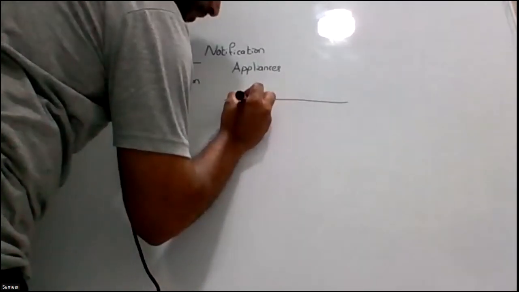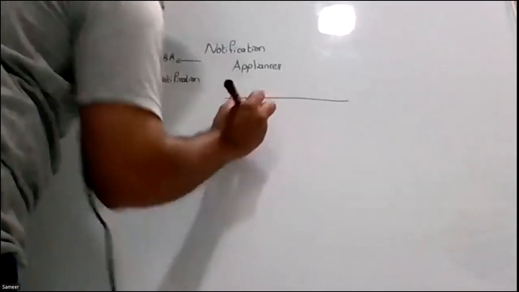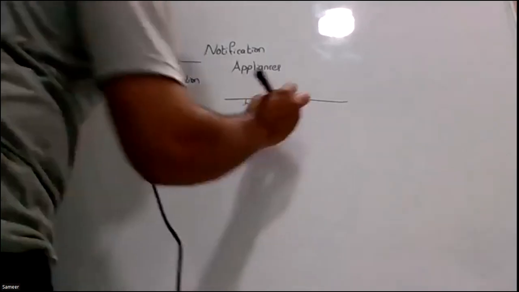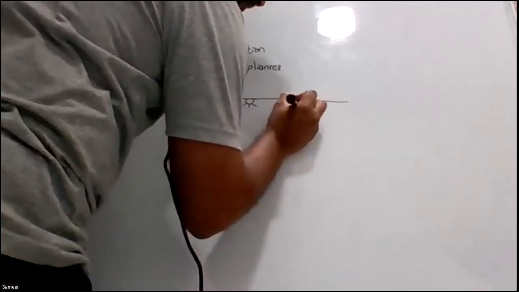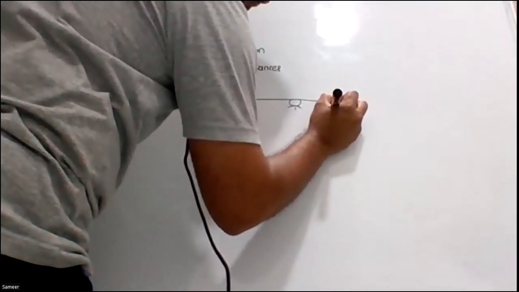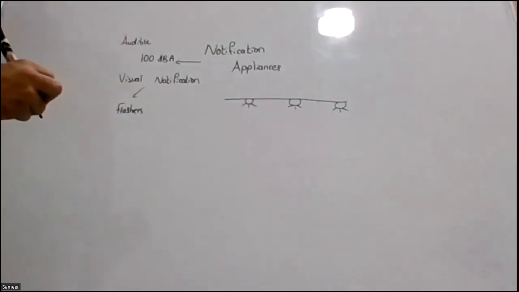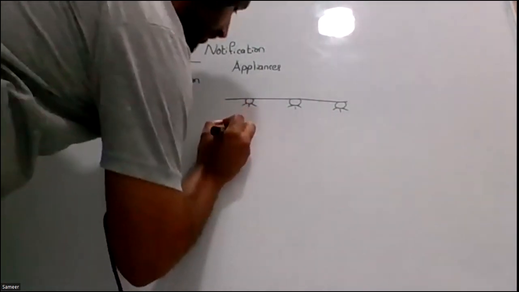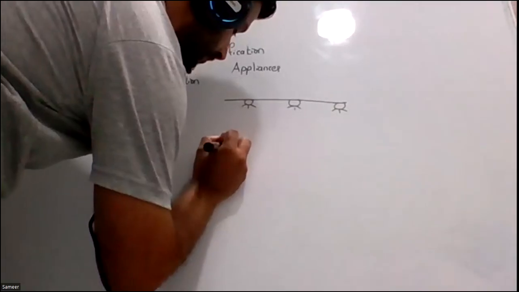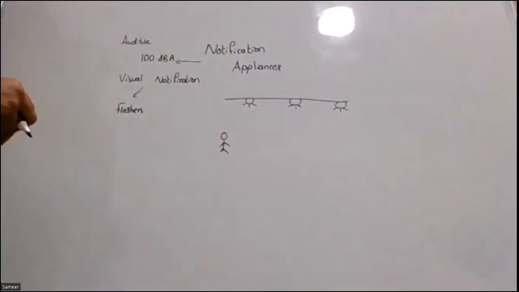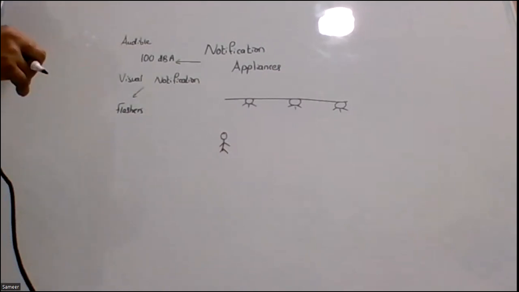Let's say I have 3 visual notification appliances in an occupancy, placed at specific locations, and a person is standing somewhere near. There are 2 types of effective vision available to the person.